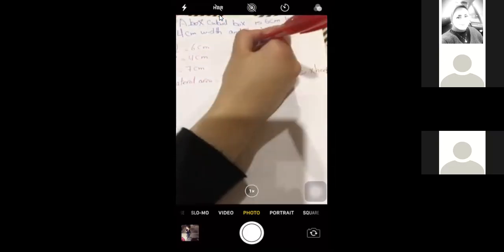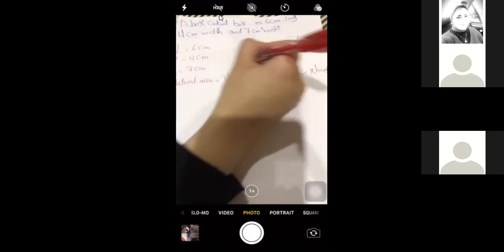Okay, I have the height. He gave me the height is 7, but do I have the perimeter of the base? No. He said to me a cuboid box. That means I have a cuboid here.